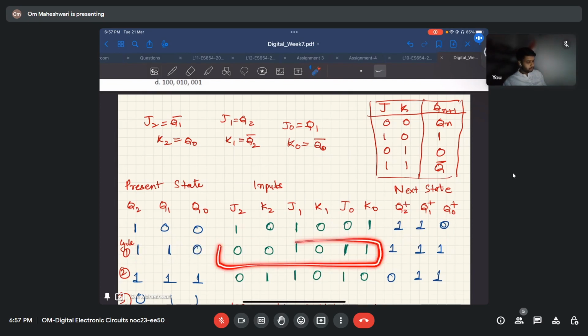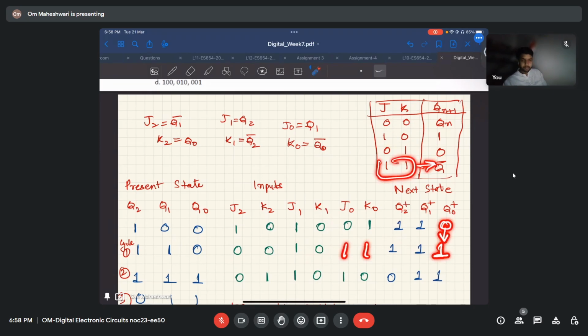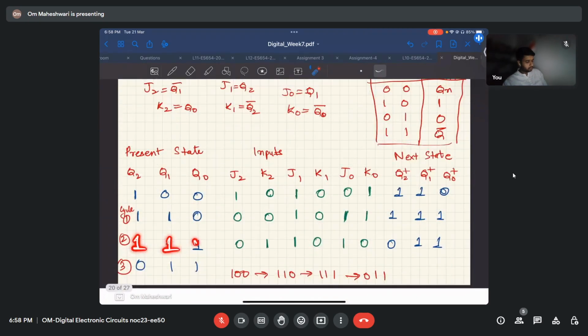We again fill these and see again 00. 00 means the previous output is retained, so previous output was 1, it remains 1. 10 means set condition, so 1. 11 means toggle. So it was 0, it will toggle to 1. Now this is the input condition. 1101 has come from here.